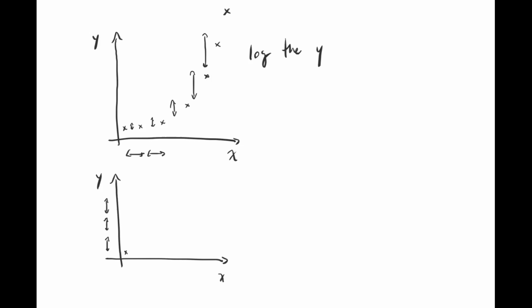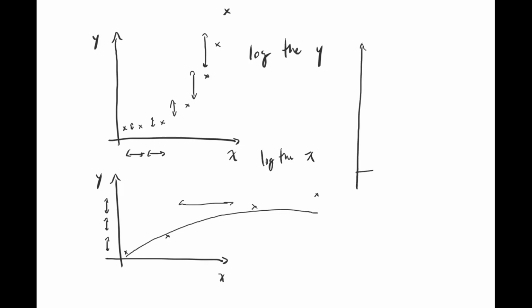I guess upward sloping and then just becoming flat as you go up, kind of like this. So these will get farther and farther apart. So it would be like that. And so you log the x.